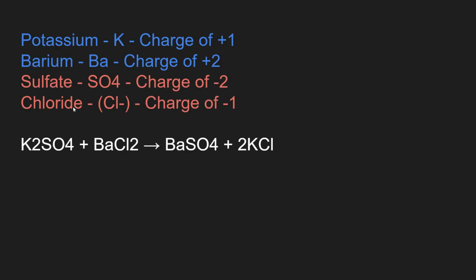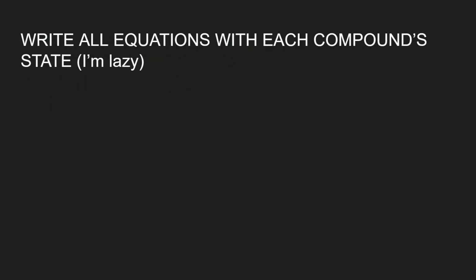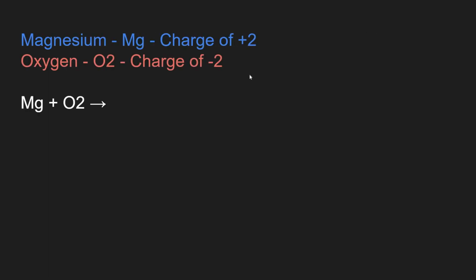And so before I move on to some practice problems that I listed for you guys, it is important to keep in mind the solubility rules and just solubility in general. So as I said earlier, over here, we have to write all equations with each compound state.